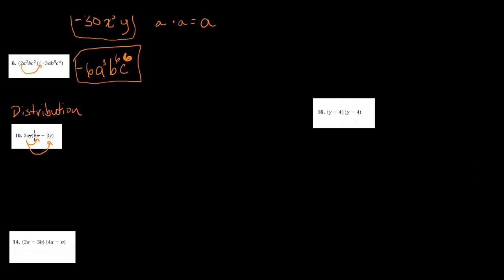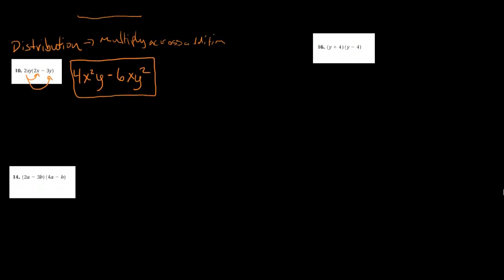Using the same rules, 2 times 2 is 4, x times x is x squared, and we have a y times no y's there, so we'll just leave it as 1y there. Now 2 times negative 3 is a negative 6. X times no x is just the 1x here. Y times y is y squared. And we're as simple as we can get here.